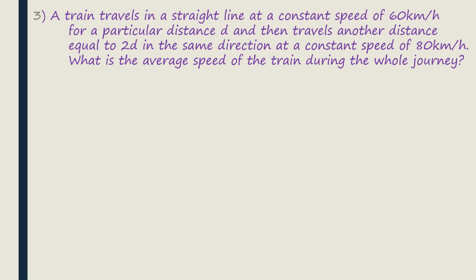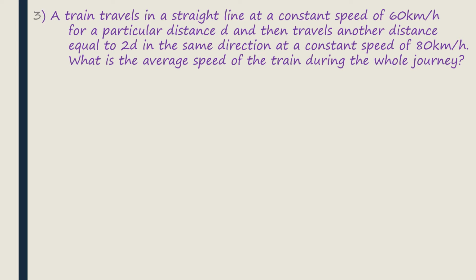Okay, so a train is traveling in a straight line with a constant speed of 60 kilometers per hour. 60 kilometer per hour को speed मा चाहिँ train जाँदैछ अरे in a particular distance d. अब एउटा particular distance d travel गर्छ. Then it again travels another distance 2d.